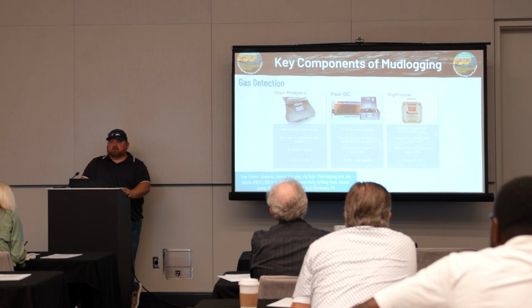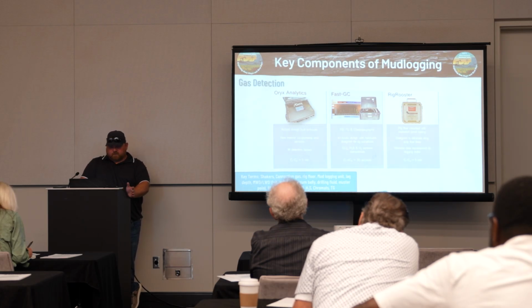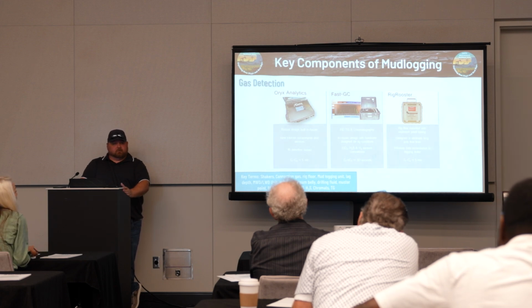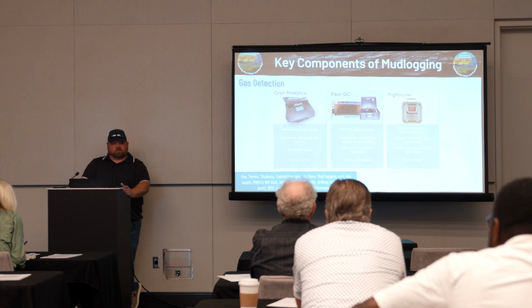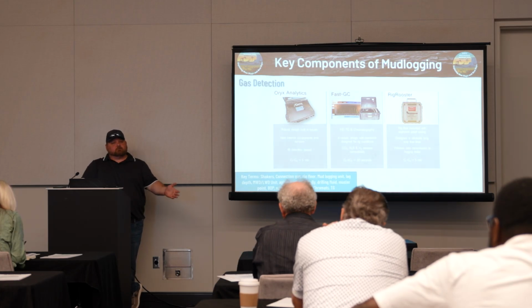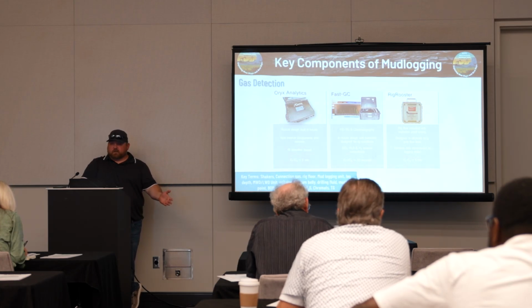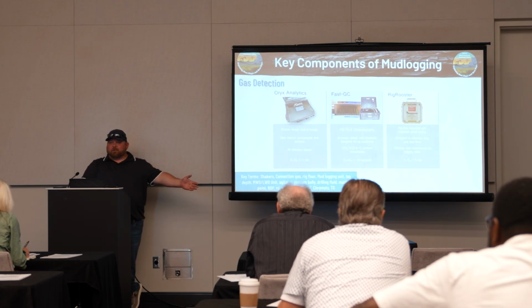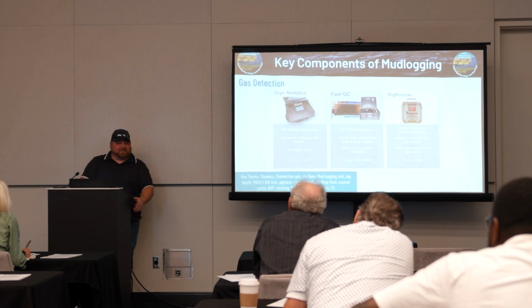It's the fastest one I've seen, and accurate, as long as you keep it calibrated properly. We calibrate them daily, and as long as you're not in active formation gases, you don't want to calibrate to 10,000 units when you're trying to read the pay zone of a top company.